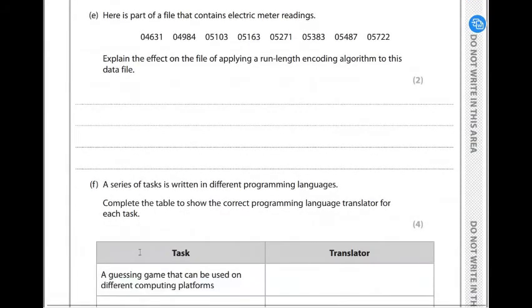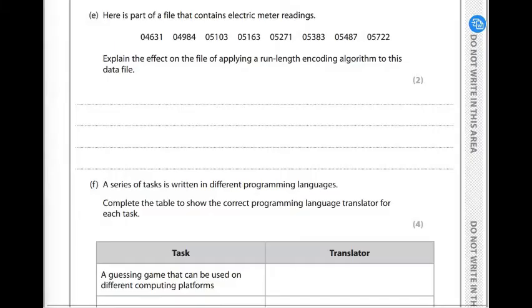Let's go to E. Here is part of a file that will have electric meter readings. We need to explain the effect on the file of applying a run length encoding algorithm to this data file. That's 2 marks. You'd have 1 mark for saying the file size will not be decreased, and another mark for saying why.